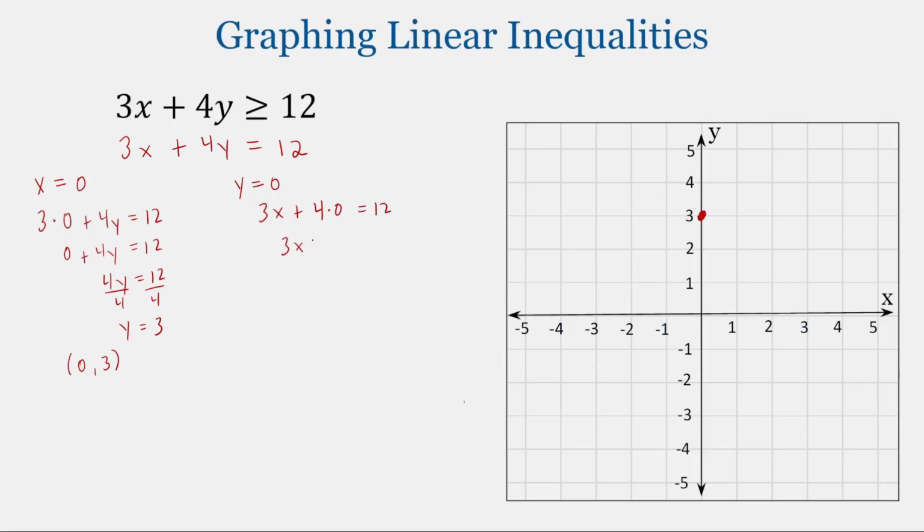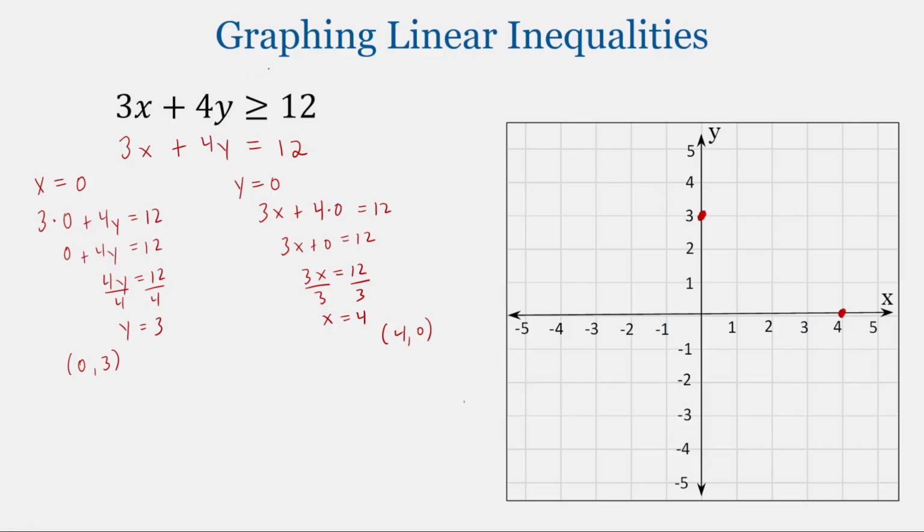We have 3x plus 0 equal to 12, so 3x equal to 12. Dividing both sides by 3, this gives us x equal to 4. And our x-intercept is (4, 0). And we can plot that point.